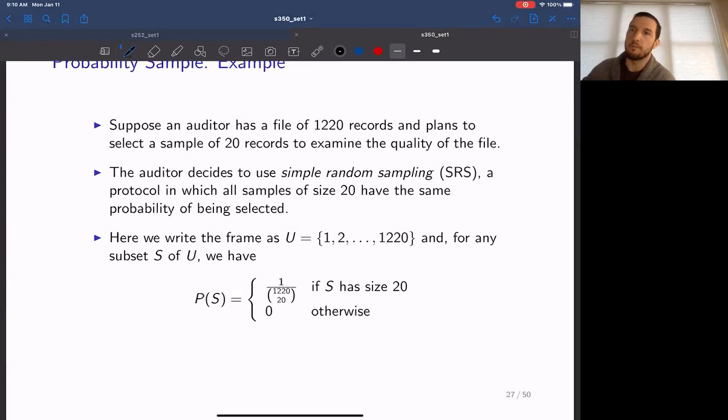But the idea here, again, is essentially that probability sampling attaches an element of randomness to each observation being included in the sample. And therefore, from a sampling frame with a fixed population size, we can then write out the probability of each of the different samples being selected.